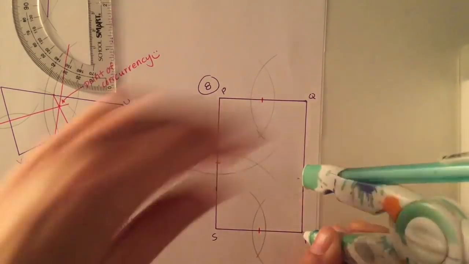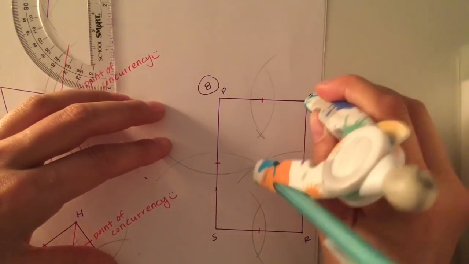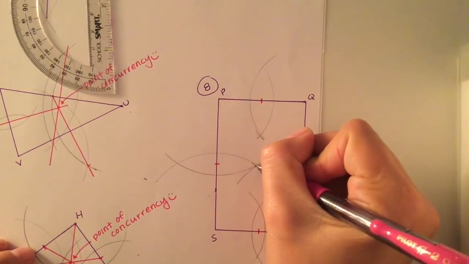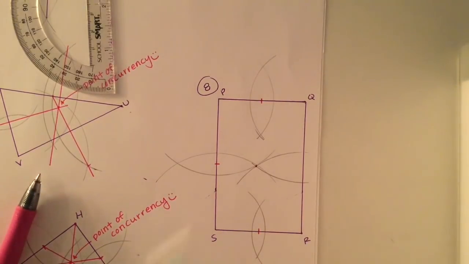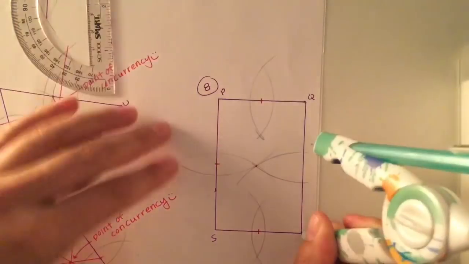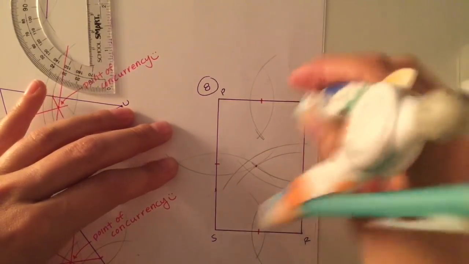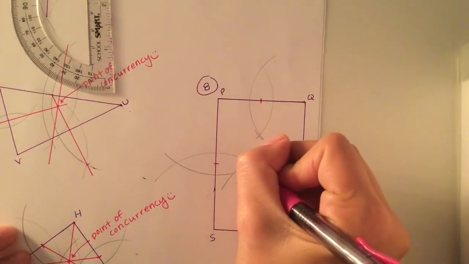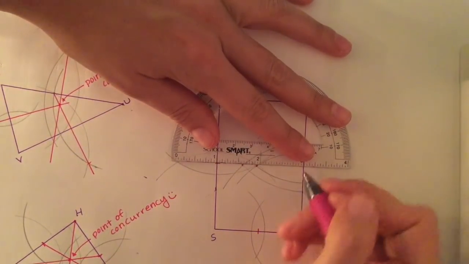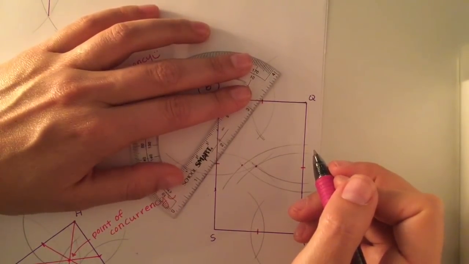I'm going to put my compass point on R, open it a little bit more than halfway, draw an arc, turn it around, draw the same arc, so I have that point of intersection right here. And then I'm going to do another set where it's a little bit further apart. And that means that both of these points should be on that perpendicular bisector. I'm going to line them up. And there's my midpoint.